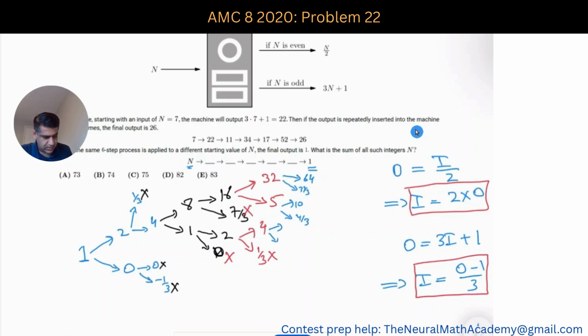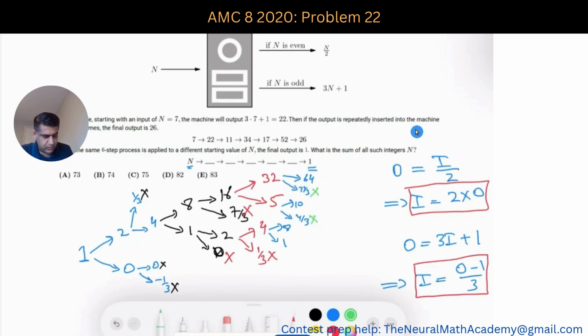From 4 I get 8, and also I get 3, 1. So now if I see, this is not possible, this is not possible.